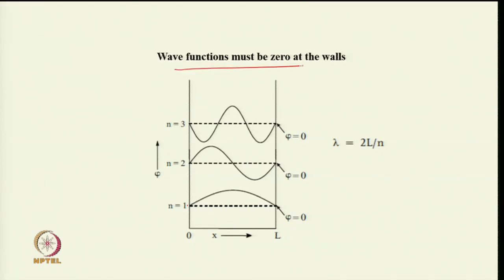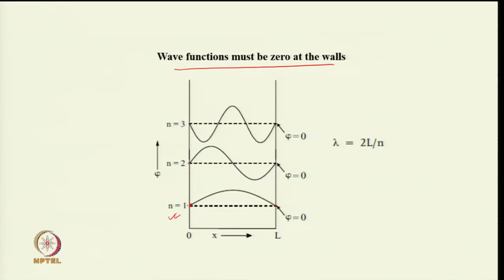The wave function must be 0 at the walls, that is the very important criterion. The first wave function you can think of, which is 0 at the wall, starts from the 0 position and goes back to 0 at this position. So, this is when n is equal to 1.